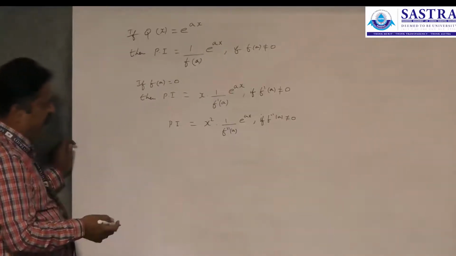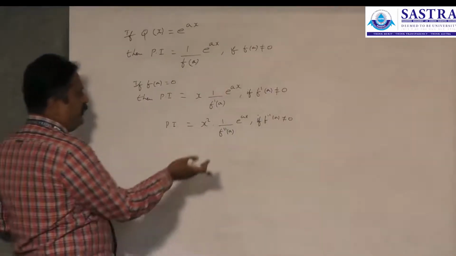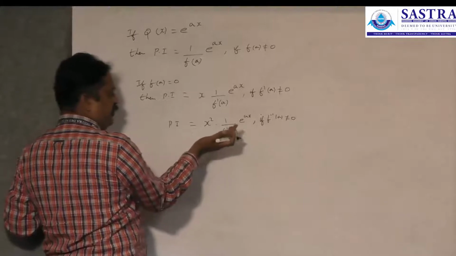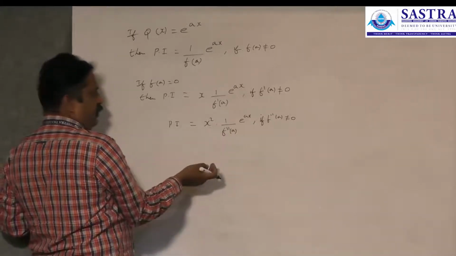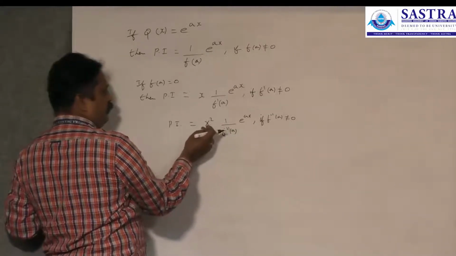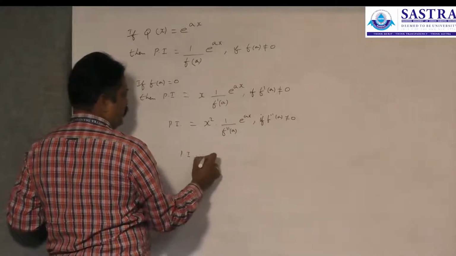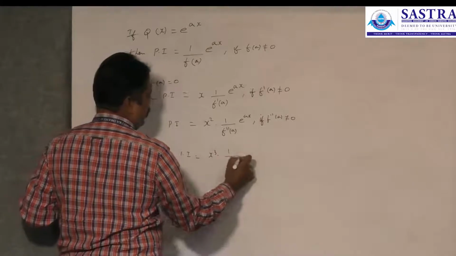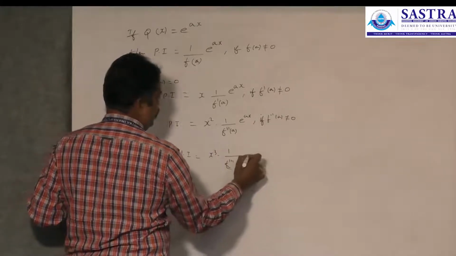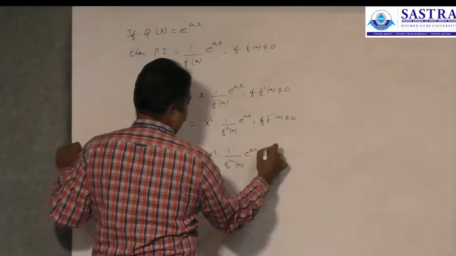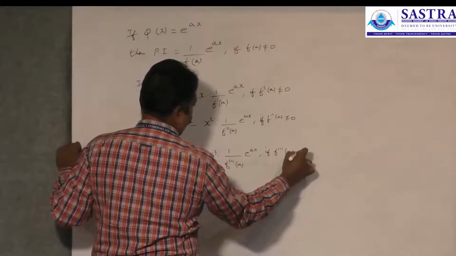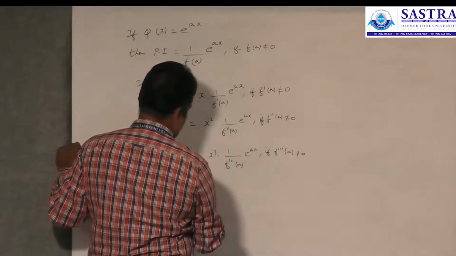If f double dash of a is equal to 0, then again you have to differentiate the denominator with respect to d and then replace d by a, and also multiply one x to the numerator. So particular integral is equal to x cube into 1 divided by f triple dash of a e power ax if f triple dash of a is not equal to 0, and so on.